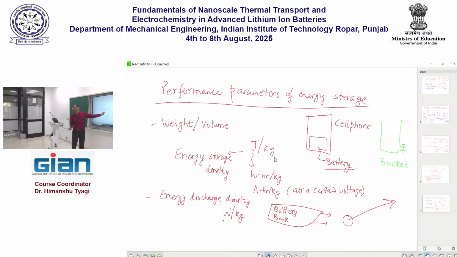And both are important. In some applications, the first one may be more important, and in some applications, the second one may be more important. It depends on what you're looking to do. There are certain batteries which are very good at storing a lot of energy, but are not very good at being able to release a lot of energy.